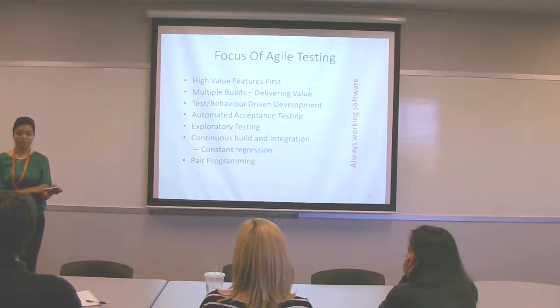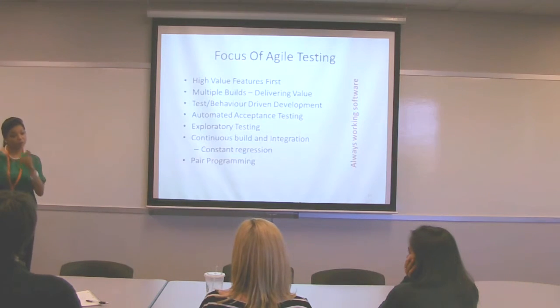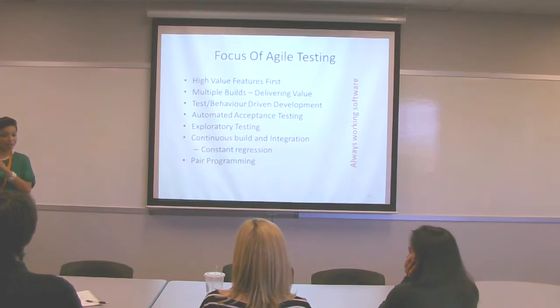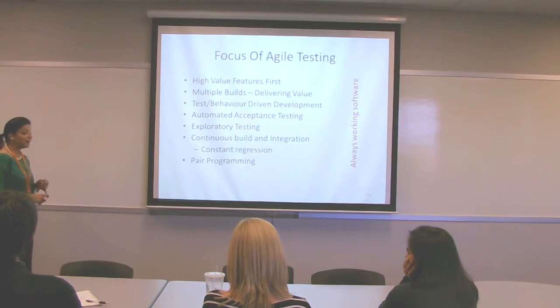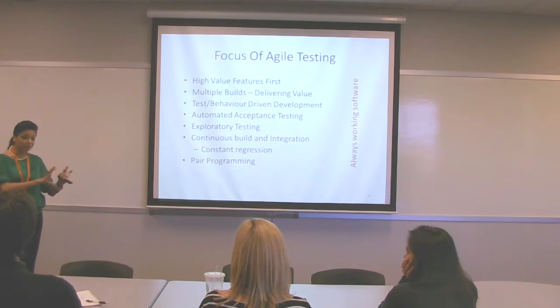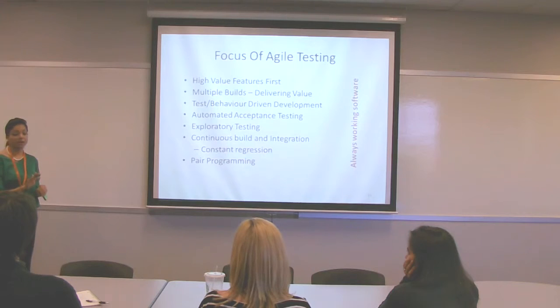Sometimes product owners or business owners can prioritize what their users or their customers will like to see, but we still need to see the bigger picture as to what are the high value features. When everything is done and the development is complete, what will be the most critical parts of the application? We may not be developing it in this cycle, but at least for a tester to have a big picture, we need to know that.